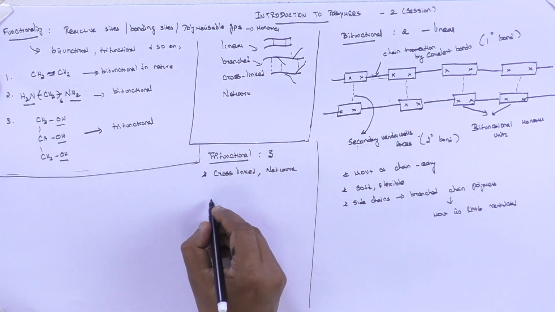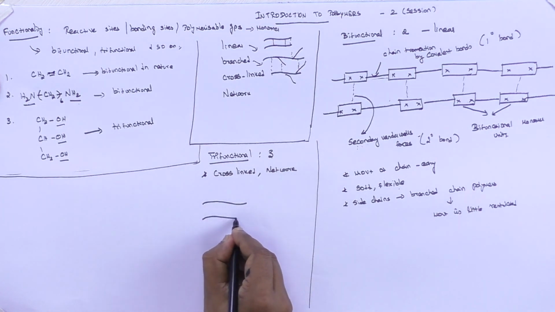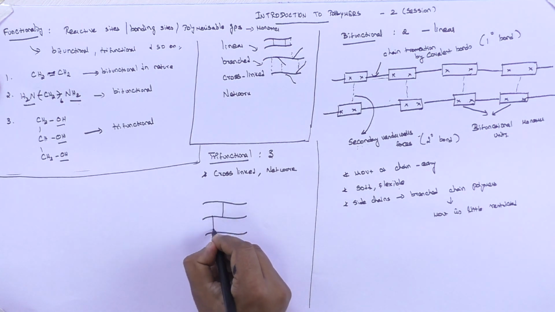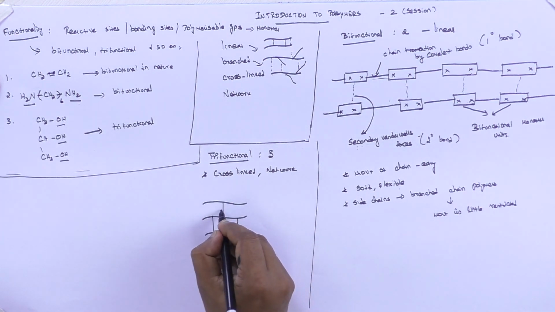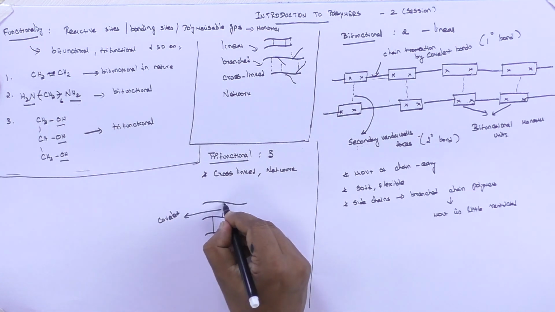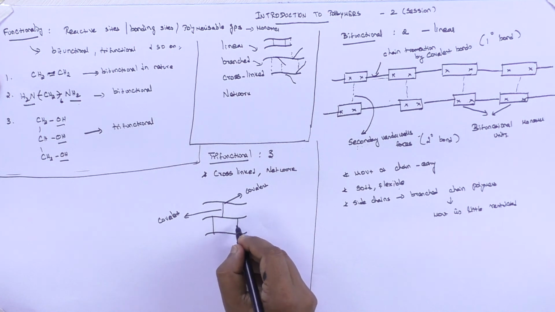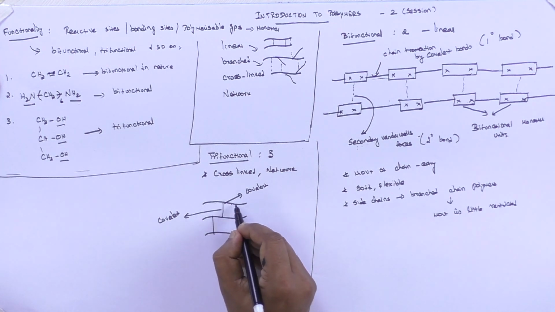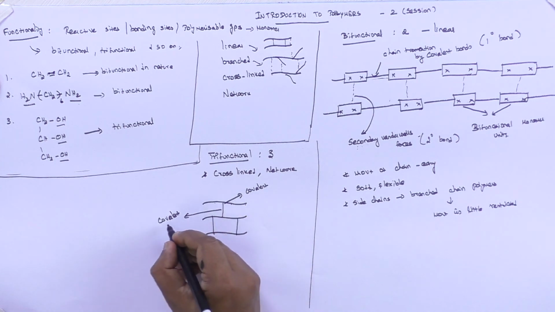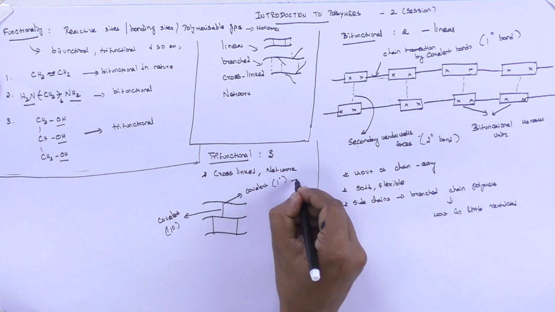I will draw the cross-linked structure. Here you can see all the bonds are covalent. Here also you have covalent bonds. Highly cross-linked structure, all the monomers are connected by means of strong bonds, and all these are primary bonds, therefore they are very strong.